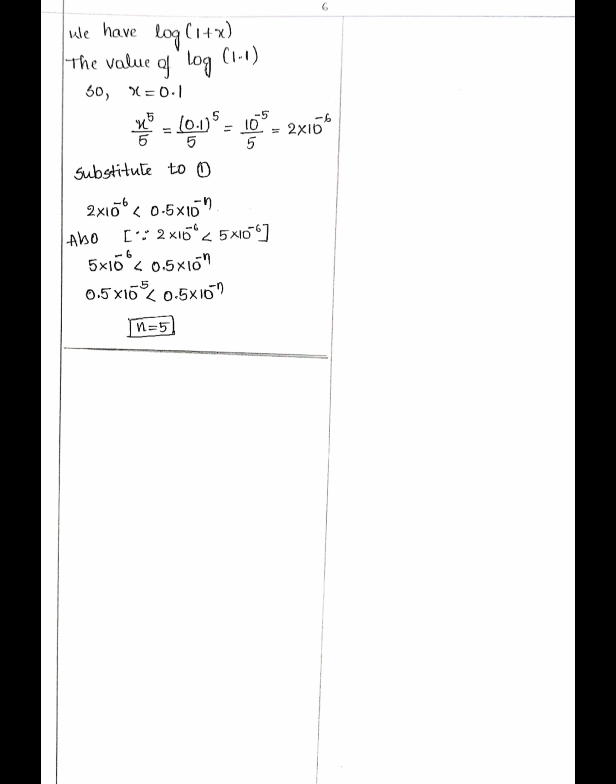So I take that 2 into 10 power minus 6 is less than 5 into 10 power minus 6, equating to the place of 2. So 0.5 into 10 power minus 5 is less than 0.5 into 10 power minus n. I want to compare the value like that, fixing my LHS. So n is equal to 5. It is straightforward.